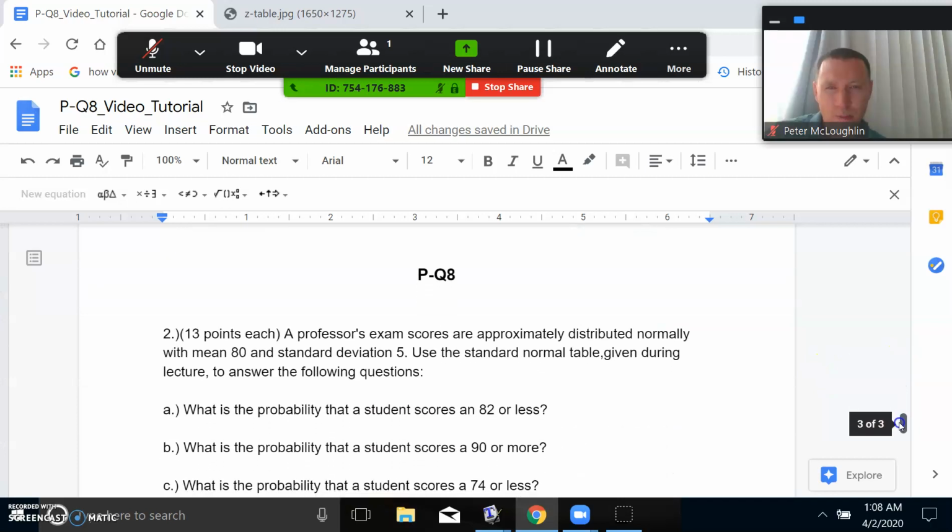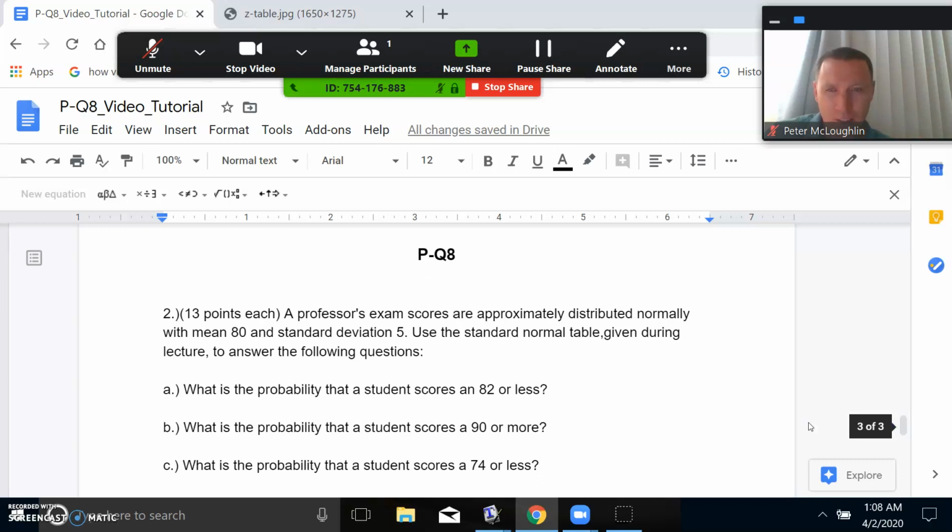Here's a question on practice quiz 8. A professor's exam scores are distributed normally with mean 80 and standard deviation 5. Use the standard normal table given during lecture. I guess you have a link to it here to answer the following questions.